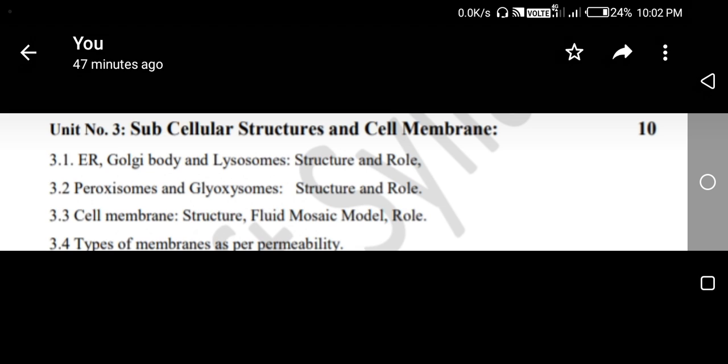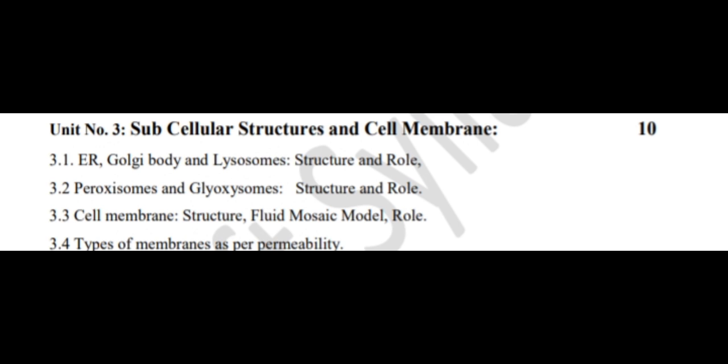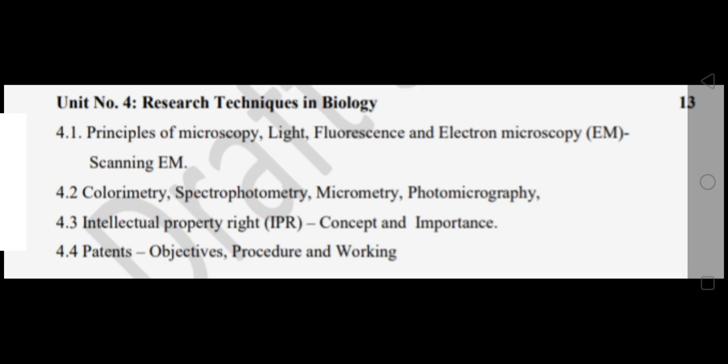There are several models of cell membrane: the unit membrane model and the fluid mosaic model. The unit membrane model was proposed by Robertson. The fluid mosaic model was proposed by Singer and Nicolson. Their role we will learn here. And the last point, the types of membrane as per permeability, we will also learn in this unit.